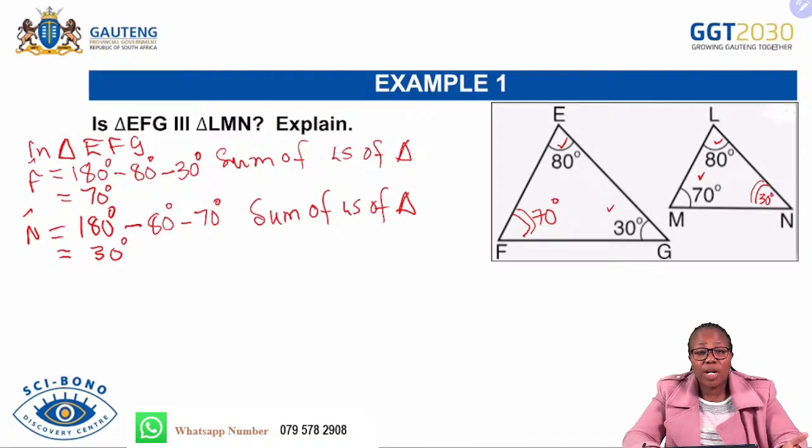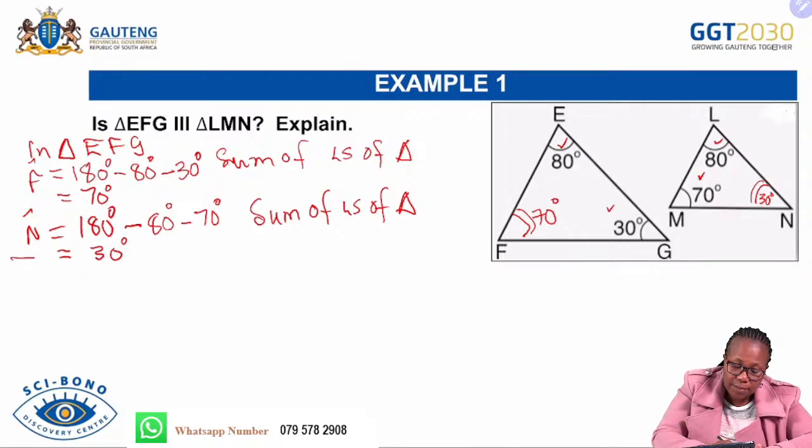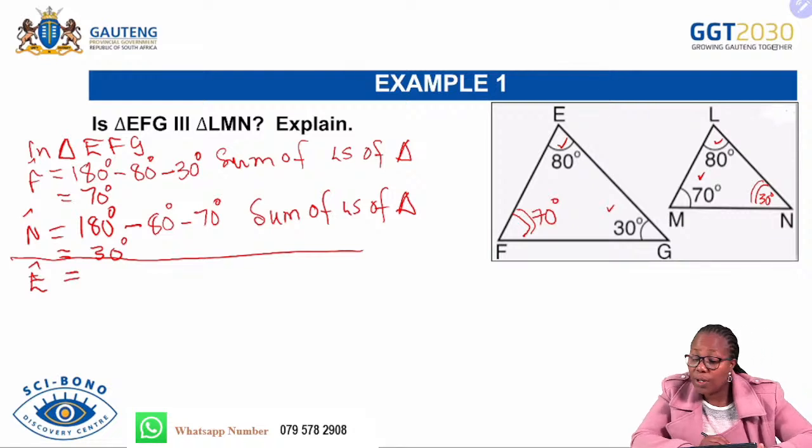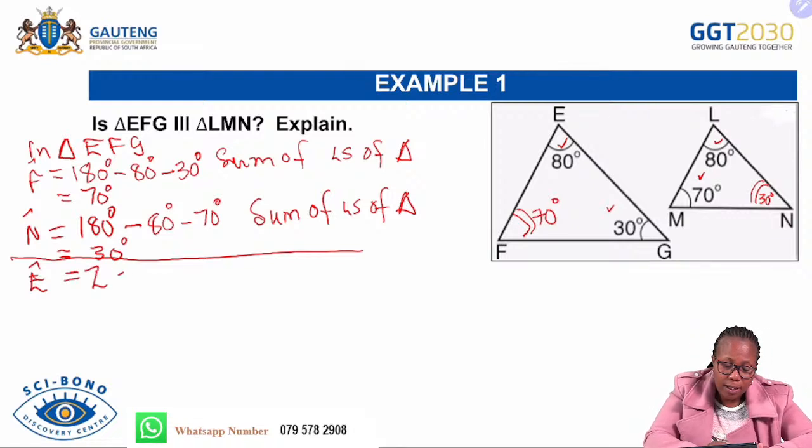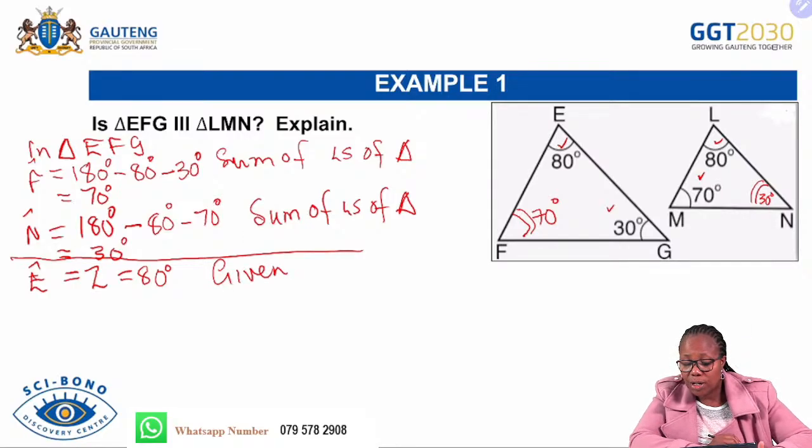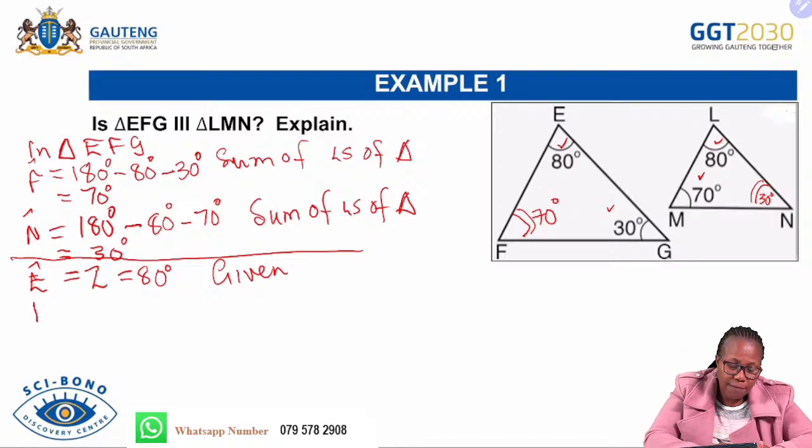And then now let's check. Do we have equiangular in both triangles? Yes, we have angle E, which is equal to angle L, equal to 80 degrees. That is given to us. Correct? And then condition number 2, we have angle F, that is equal to angle M, which is equal to 70 degrees.